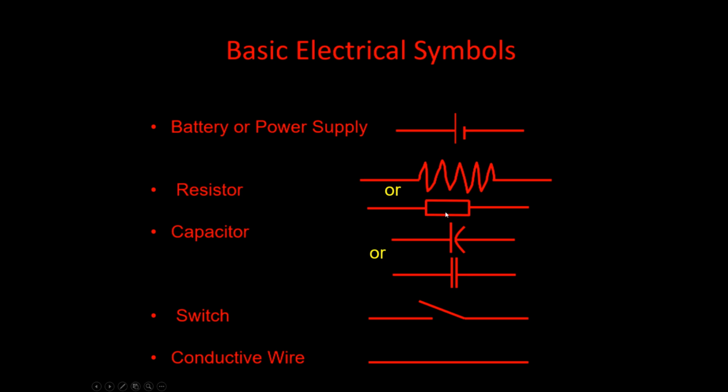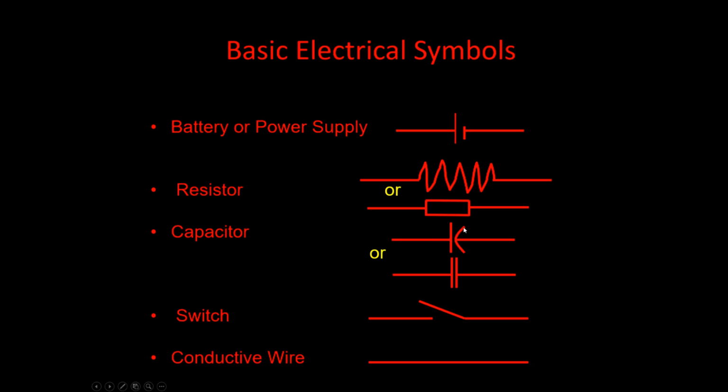This is more of the old way of doing things, but still you might see this. I tend to do things as this squiggle. It just makes life easier as a shorthand when I'm actually drawing in my diagrams, but you might see either of these. Same with a capacitor. We've seen many capacitors in the past, and I tend to use them as a double line like this.